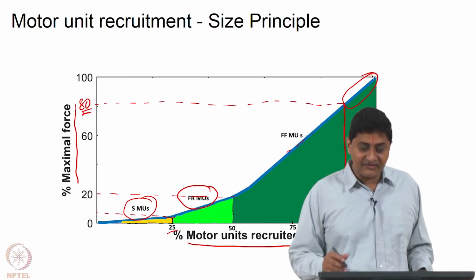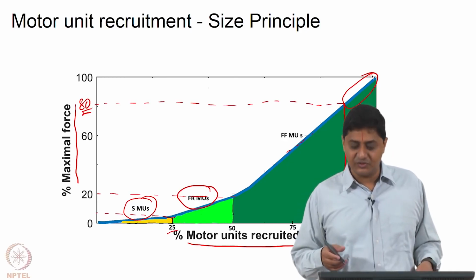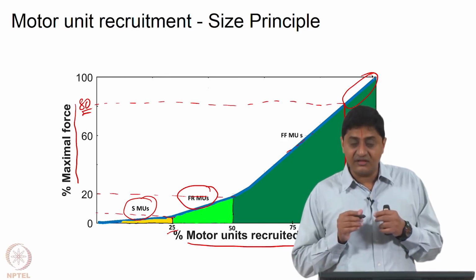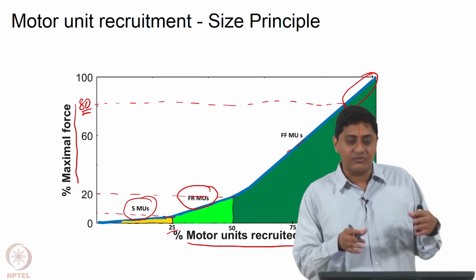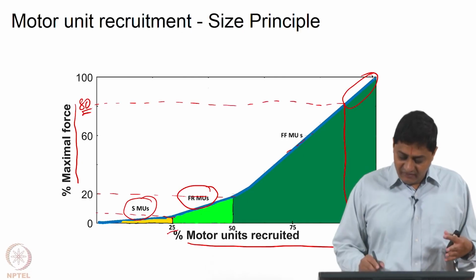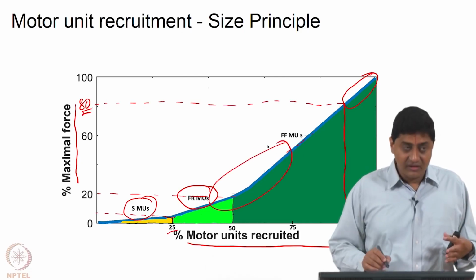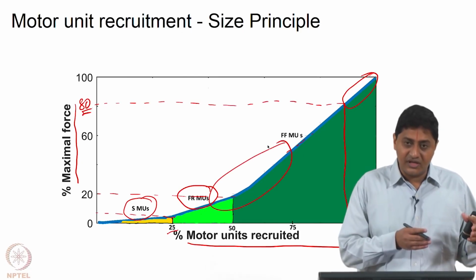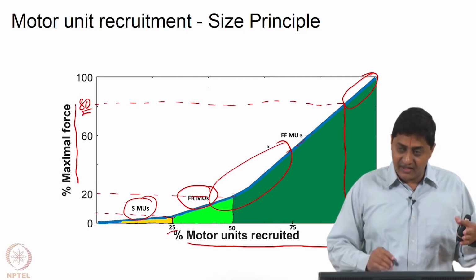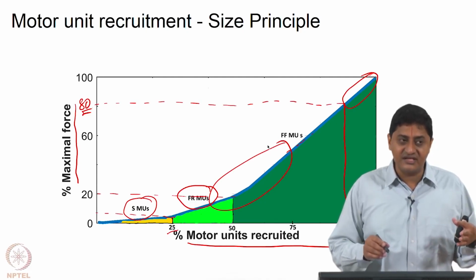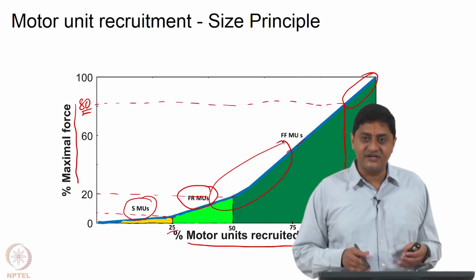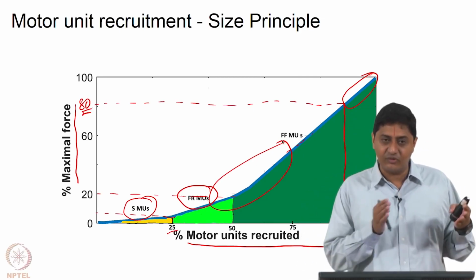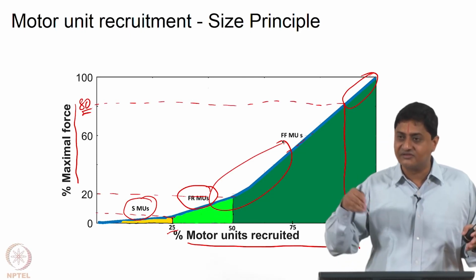But note, in these discussions it might appear to you as if I am saying that the firing rate is increased only after all the motor units are already recruited. But what actually happens is that even in these regimes, some motor units are recruited at slow firing rates and their firing rates are increased even in these regimes. This is a theoretical concept just to explain that after 100% motor unit recruitment I can increase the force further.